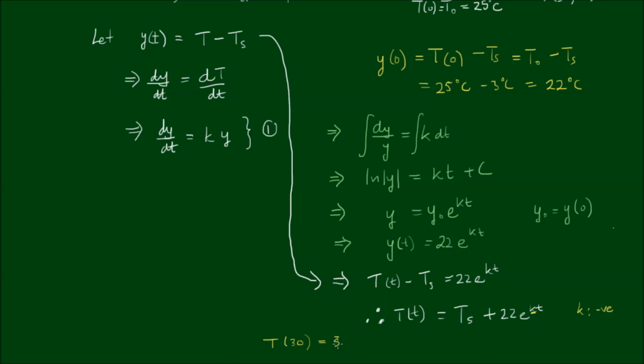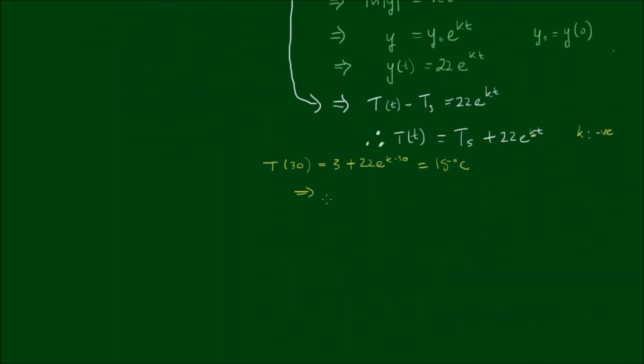Ts is equal to 3 plus 22 e to the k times 30, that is equal to 15 degrees centigrade. So it has dropped 10 degrees in half an hour, and that means 22 e to the 30k is equal to 12. So we'll keep on rearranging to isolate k on its own.